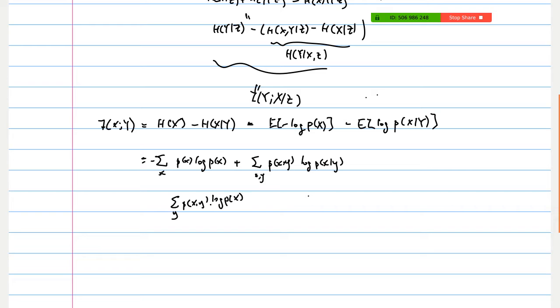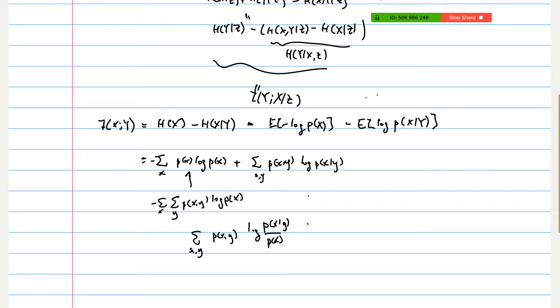So basically I can write it this way. Do you agree with me? I just say this is equal to this guy. So this is also a sum over x, y, and P(X,Y) is the same here, right? So I can group the terms together: the sum over x, y of P(X,Y) log P(X given Y) over P(X), right?